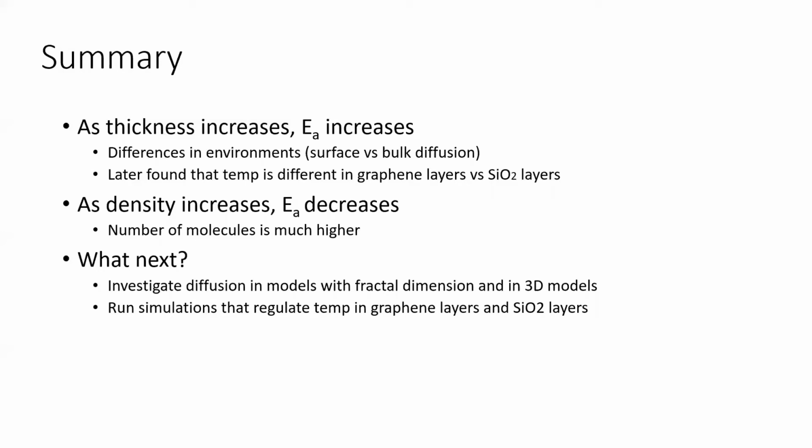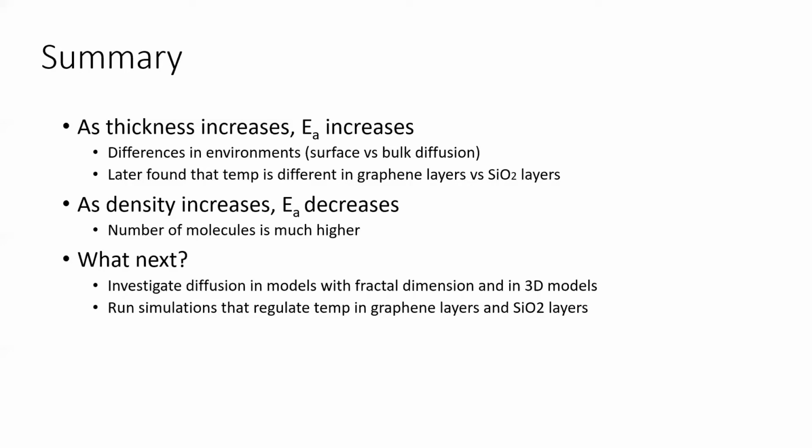For example, thickness affecting diffusion is, I believe, a result of differences between bulk and surface diffusion. We know that there's a difference between bulk and surface diffusion because of their different environments. Surface atoms are adjacent to carbon layers, while the bulk is not. The thinnest model, where the surface atoms are no longer continuous, exhibits a more ordered structure than the thickest model, which is why I believe we see a difference in activation energy.